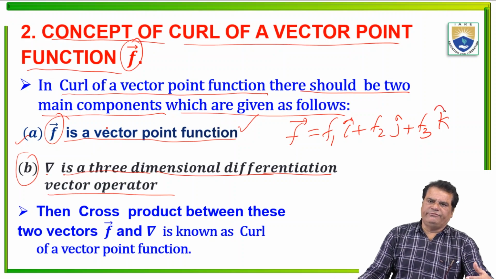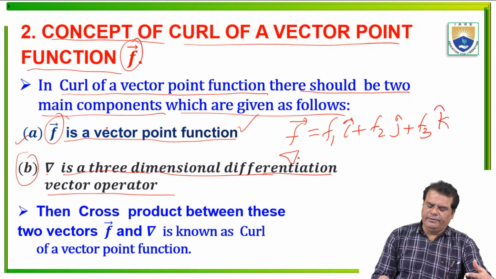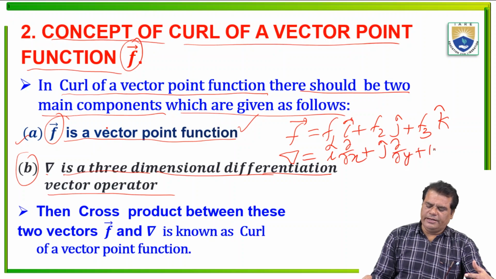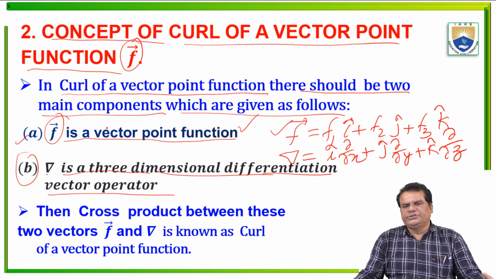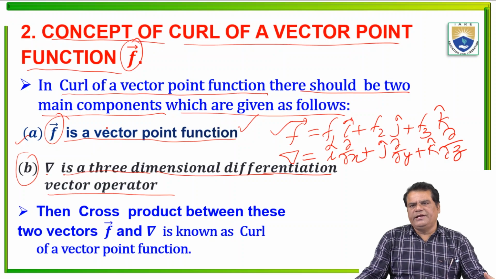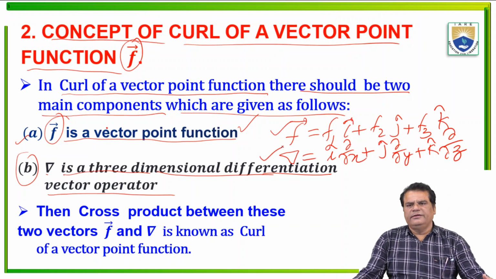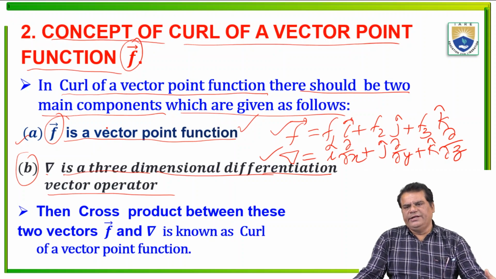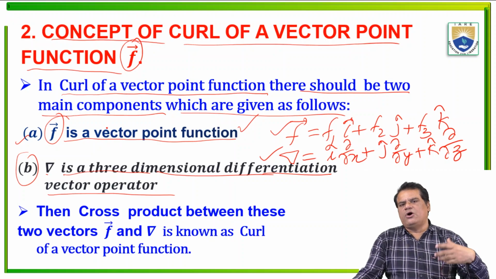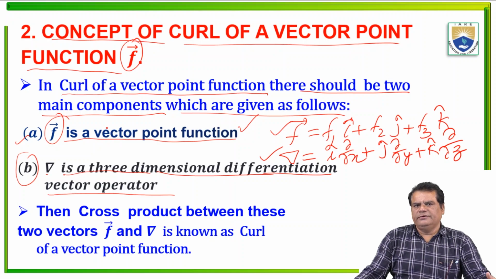This is vector f. This is del. Del vector is i dou over dou x plus j dou over dou y plus k dou over dou z. This is the vector point function, position of a point in three-dimensional geometry. This is del, the three-dimensional vector differentiation operator.